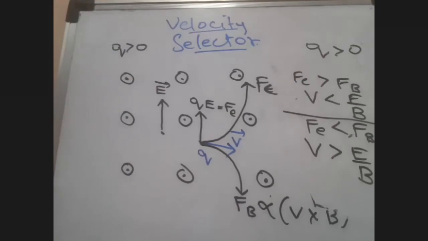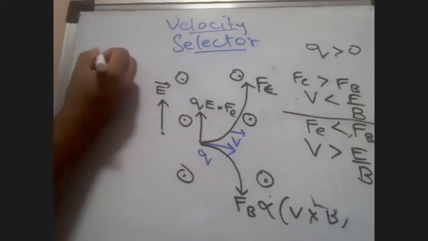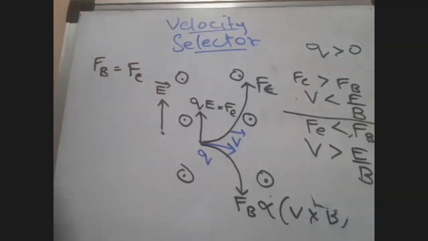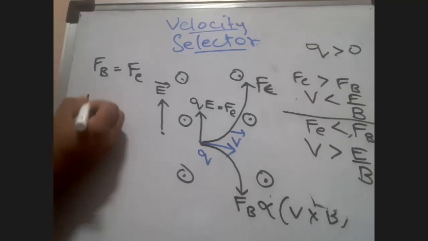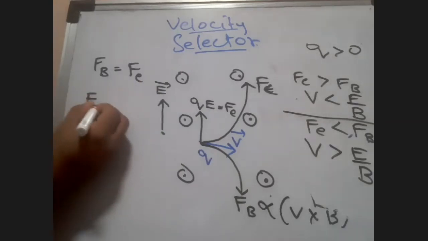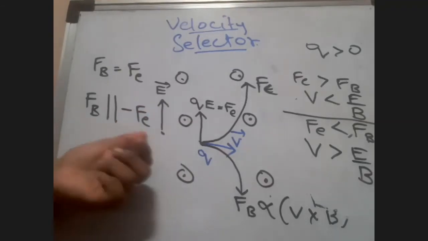Can I say that the magnetic force FB at some point can be equal to the force due to the electric field? They are equal in magnitude and opposite in direction. You can see the directions are opposite. So I can say that FB is basically anti-parallel to the electric force.